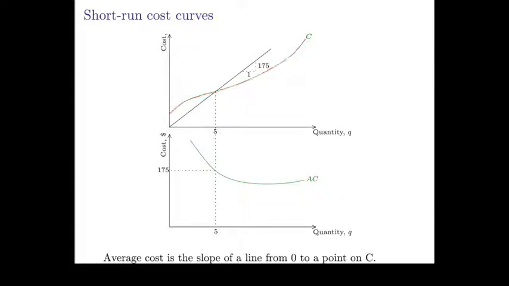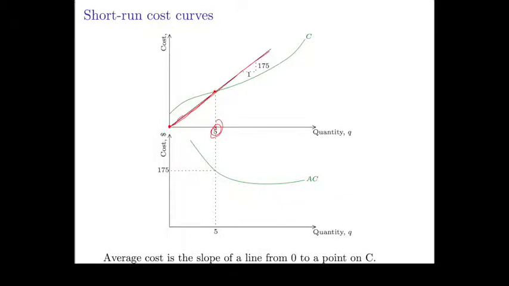We're going to use the same idea here to graphically get the average cost at a given quantity. Let's suppose at quantity 5, we wanted to know what the average cost was graphically. We're going to draw a straight line from the origin to meet the cost curve where quantity equals 5. The slope of this line is going to tell us what the average cost is at quantity 5.